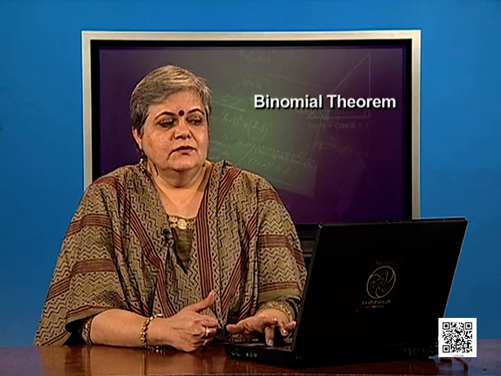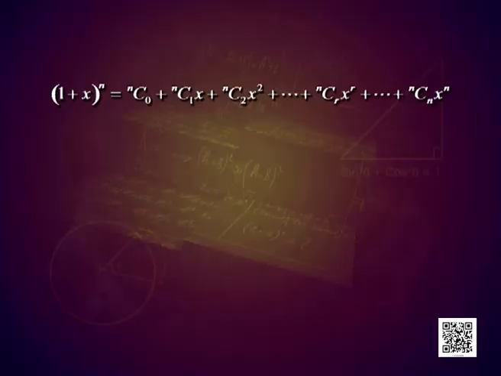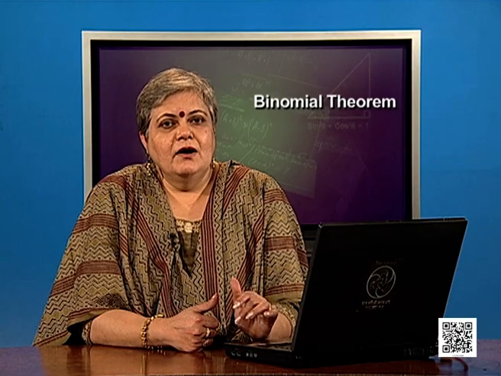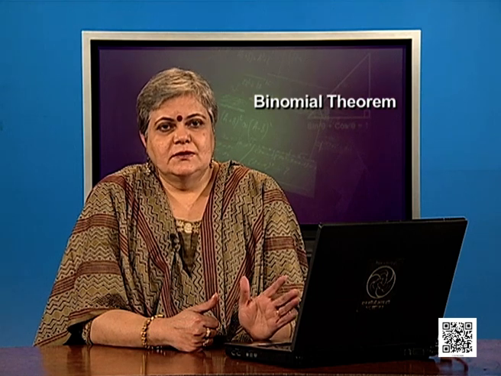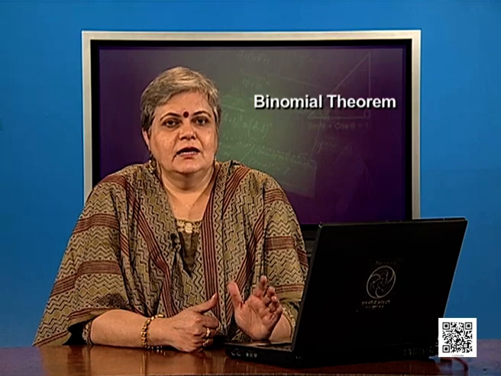Now, in place of this, we are looking at the expansion of (1 + x)^n. Then the expansion becomes a little more simplified, because our first term a is now 1. So, all powers of a will just get replaced by 1, and therefore, they are not going to be affecting the expansion.